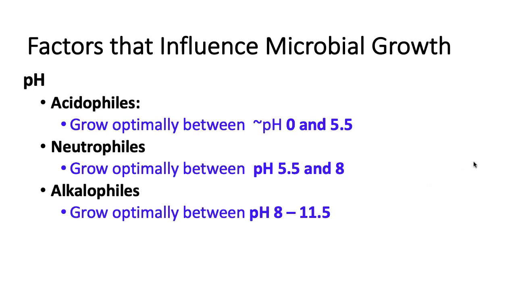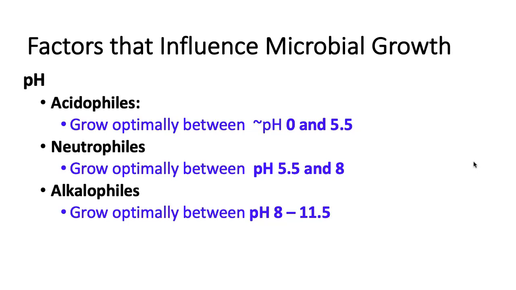pH. pH simply means the level of acidity or alkalinity of a particular environment. Microorganisms also need specific pH within which they can grow optimally. So, based on pH classification, microorganisms have been divided into 3 main sections. We have the acidophiles, neutrophiles, and alkalophiles.